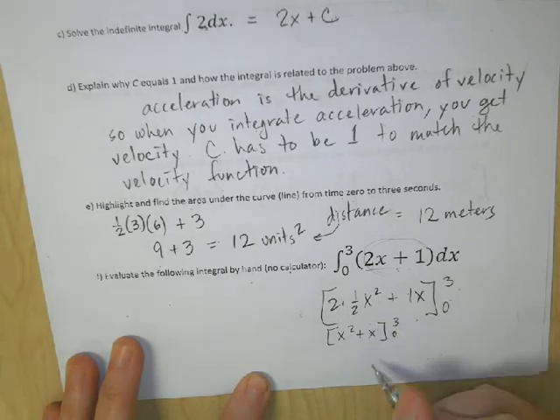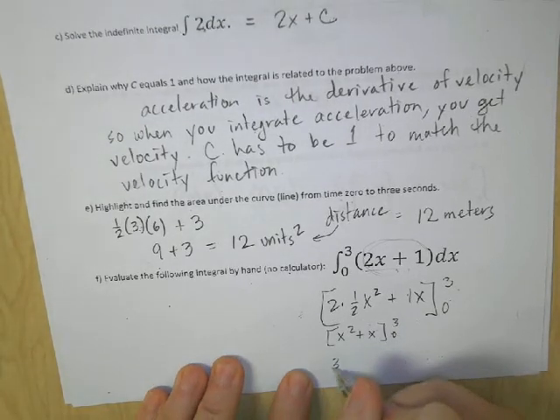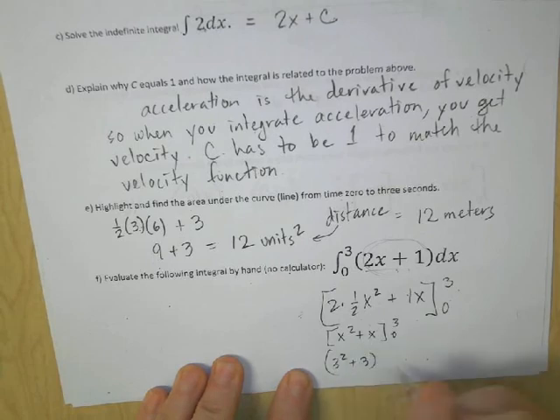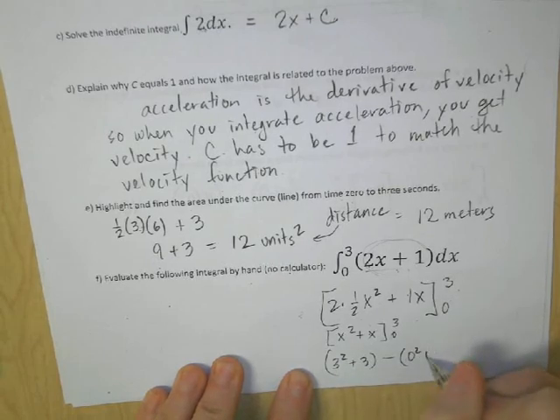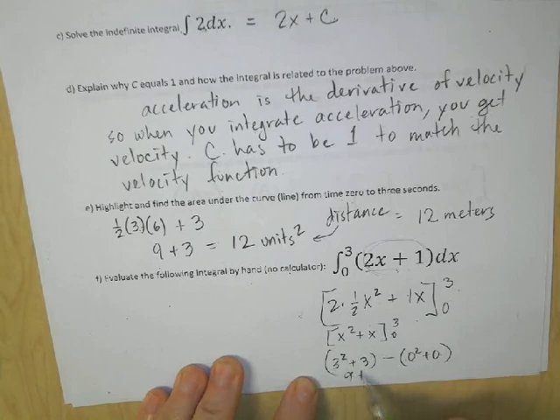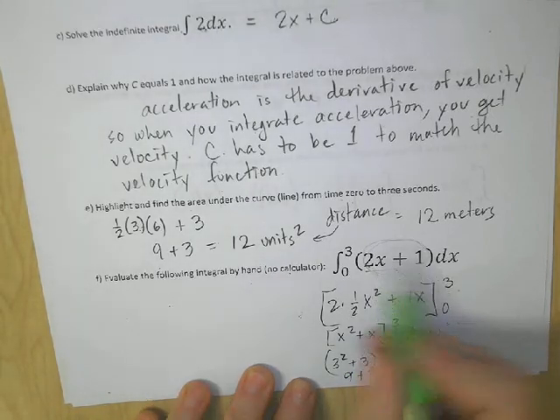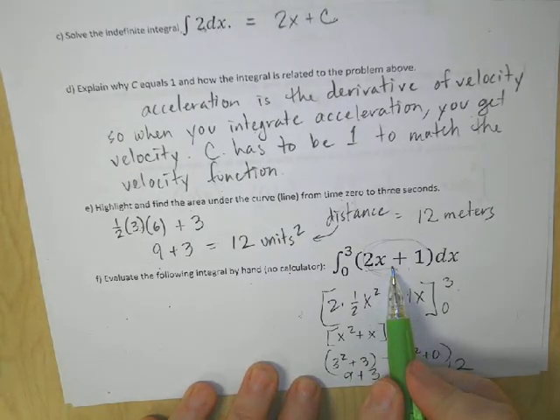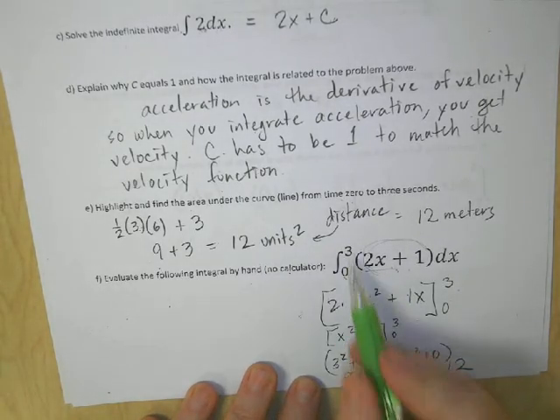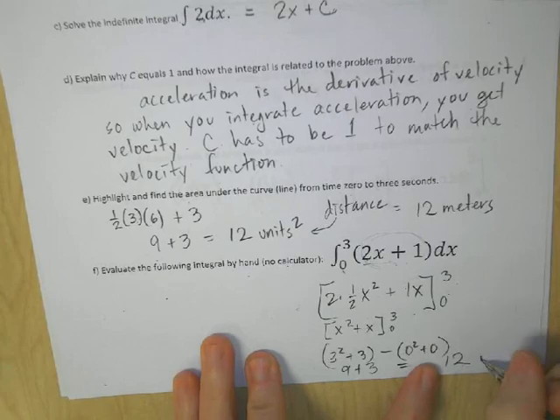I'm going to substitute in my 3. 3 squared plus 3 minus 0 squared plus 0. Okay, that's all just 0. 3 squared is 9. 9 plus 3, oh, that was familiar, it gives me 12. So if I integrate the velocity function on my time interval, I'm going to get my total distance. So that would be 12 meters.